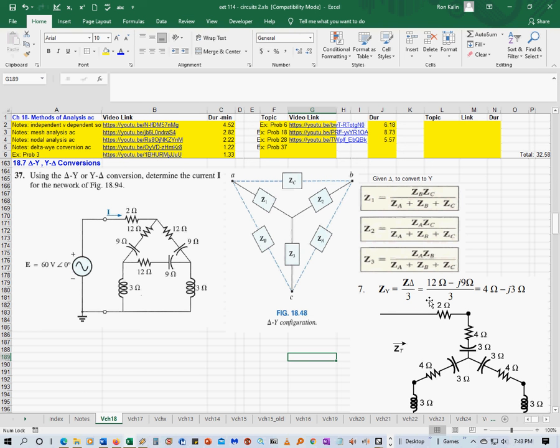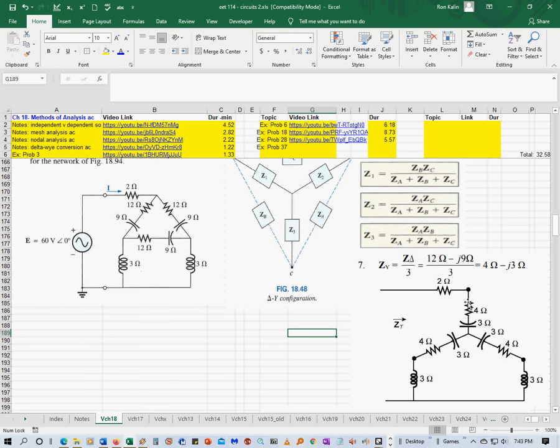So they took that 12 minus J9, which is on each leg, divided it by 3, and you get this 4 ohm minus J3 ohm. So when you do that conversion, you get this Y that looks like this, okay? And it's a resistor, 4 ohm, minus J3 means a capacitor of 3 ohms.